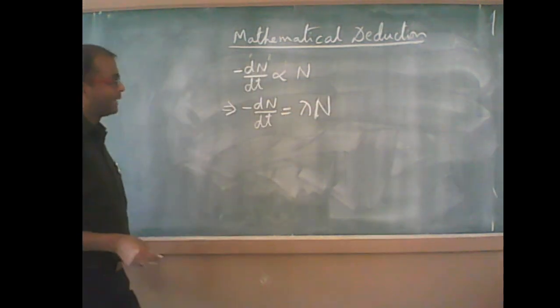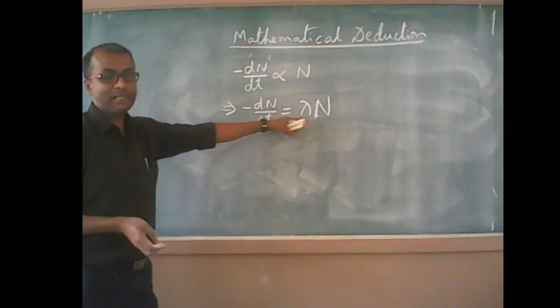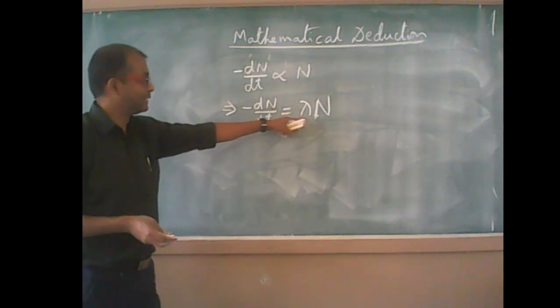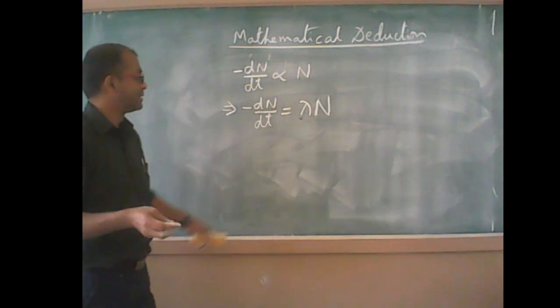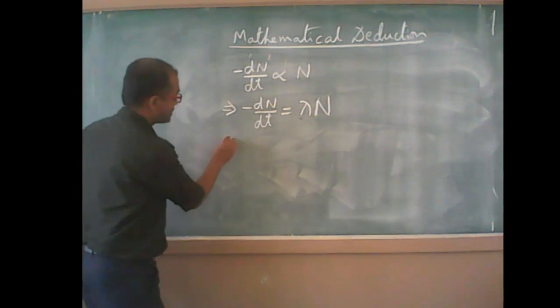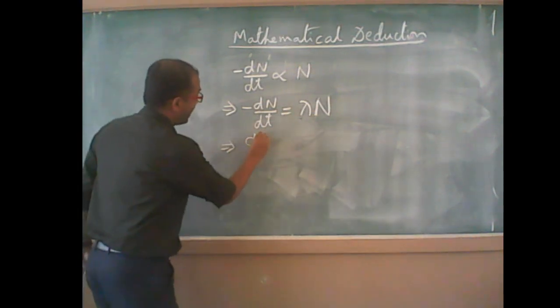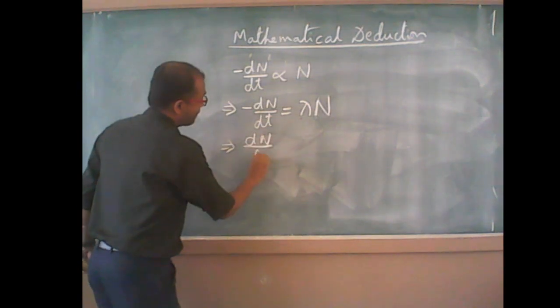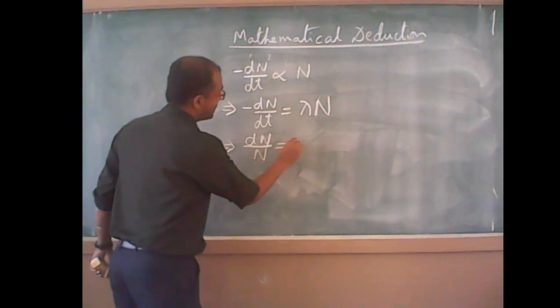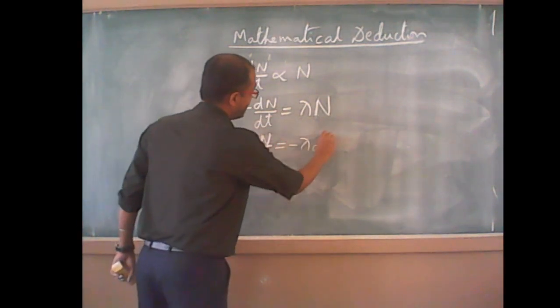It's a constant, characteristic of the element, and it is different for different elements. So we can write this as dn/n = -λ dt.